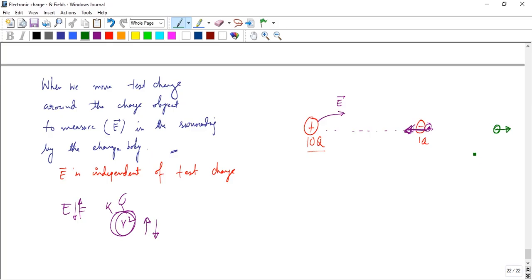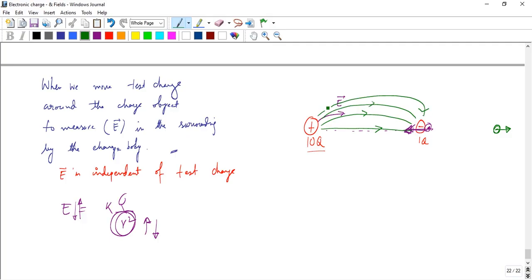Why? When the distance is increasing, the field is decreasing. The plus 10Q is more powerful with respect to the minus 1 coulomb. So we see it is in that direction.